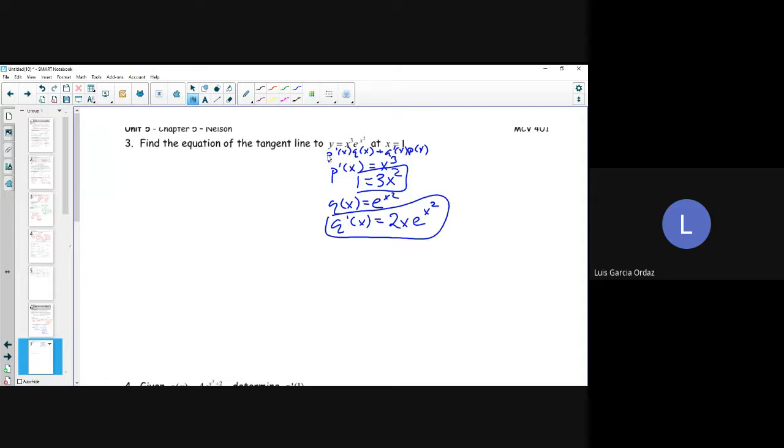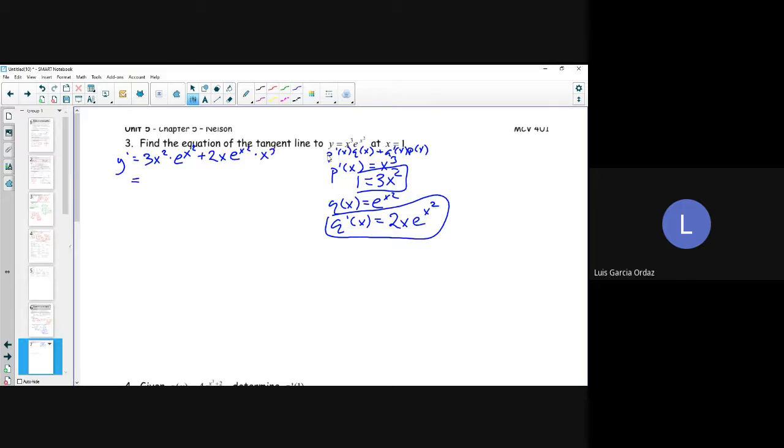So I get y prime is equal to the derivative of p of x, which is 3x squared, times e to the x squared, plus the derivative of q of x, which is 2x times e to the x squared times x cubed.